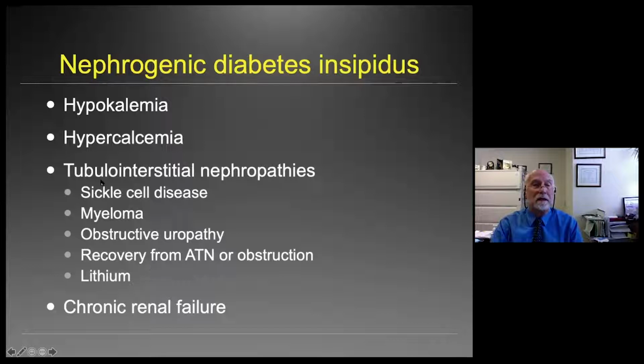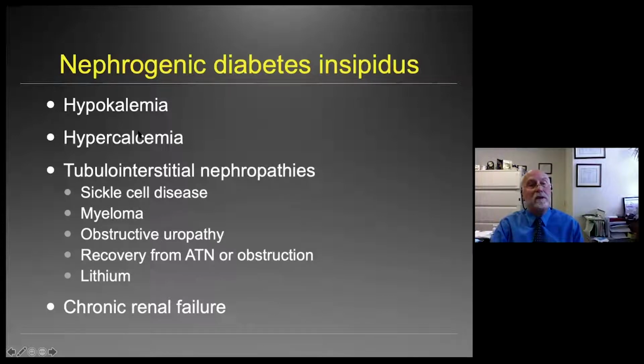You can see here under tubule interstitial conditions, lithium, although at the bottom of the list, is actually the most common that you'll see in the outpatient setting. There's a variety of conditions you might see in the hospitalized patient, such as someone who had relief of an obstructive condition, recovery from ATN, less commonly myeloma or sickle cell disease.